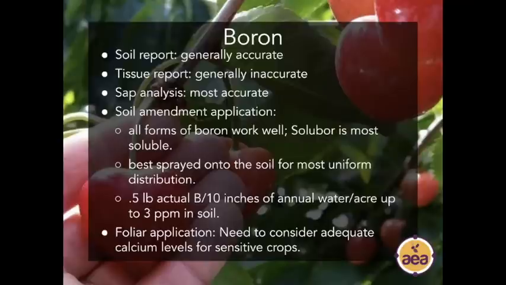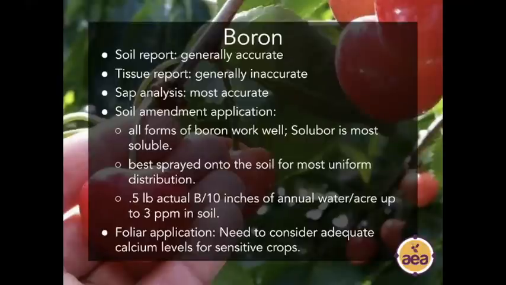The sap analysis we find to be the most accurate. And we do find that for boron, soil amendment applications are appropriate. It is the least expensive and generally the most efficient and effective to put on boron applications for an entire crop year in advance, unless we live in an environment where we have extremely high rainfall and it can leach out.